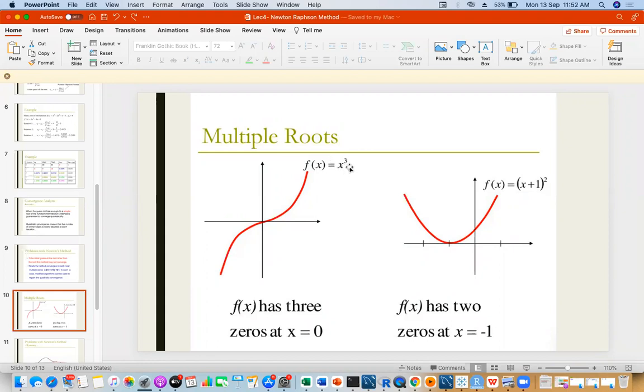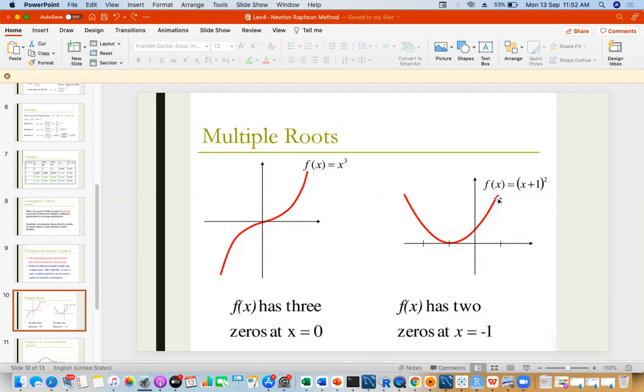So it will have 3 roots. If the equation is quadratic, then we will have 2 roots. If the equation is cubic, then we will have 3 roots. But all the roots are 0 and they are equal. It has 3 roots: x1 equal to 0, x2 is equal to 0, x3 is equal to 0, and all of them are 0.